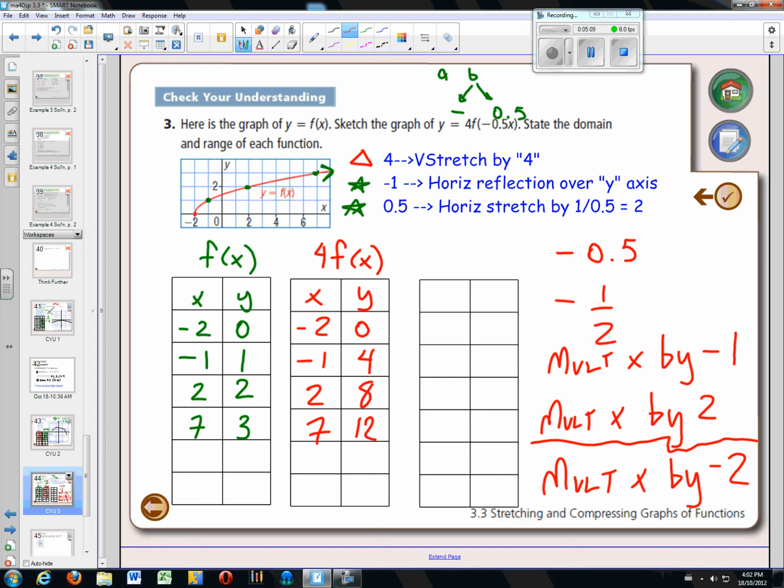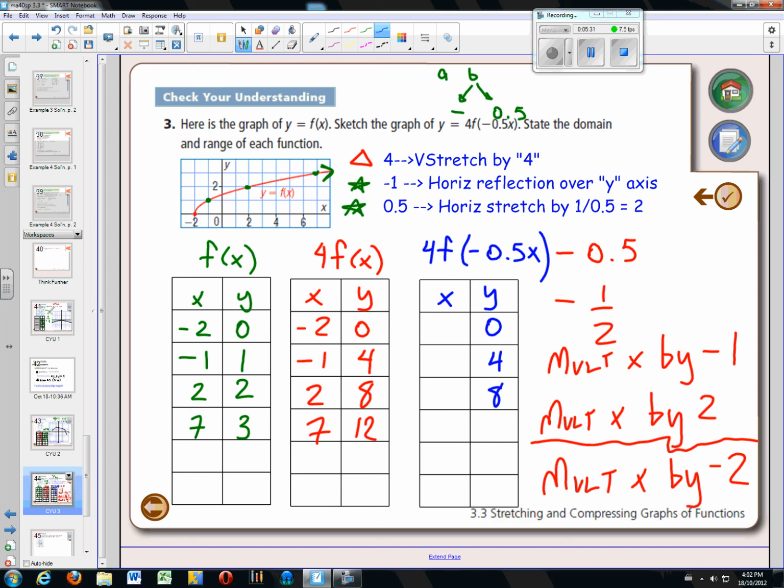Okay? So I'm going to write down in blue, I'm going to include the 4f at x, which we've already done, but now I'm going to include a negative 0.5x transformation. So here we go, x, y. The y values I've already determined: 0, 4, 8, and 12.